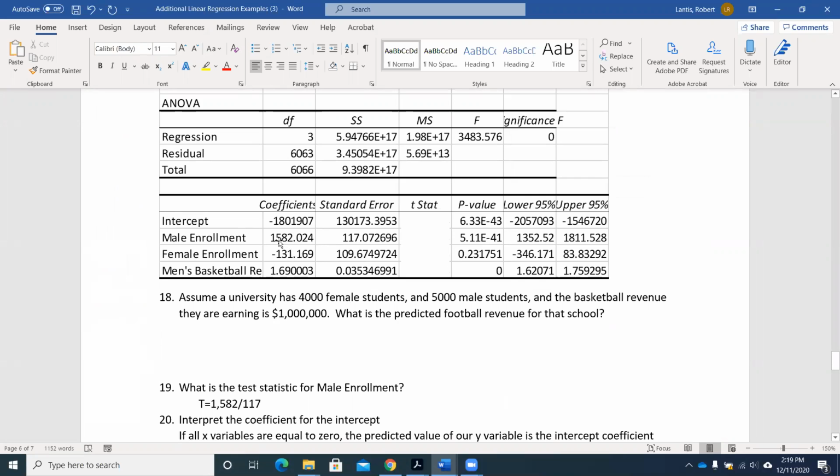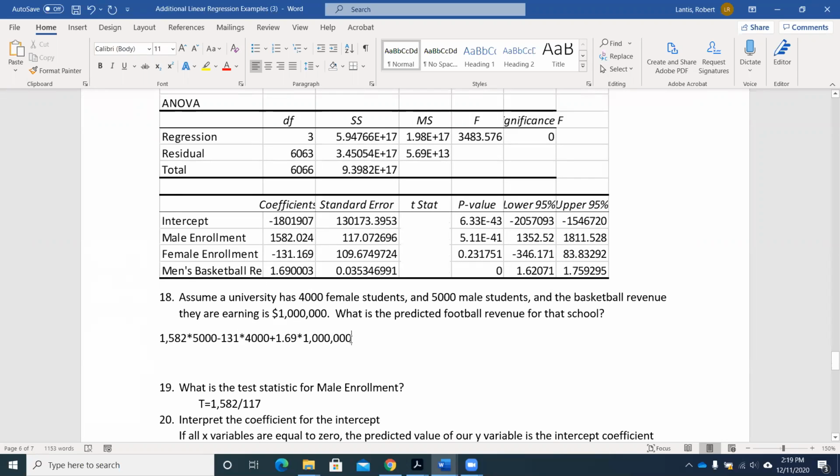So I'd go through, take the male enrollment coefficient, so 1,582 times, well, how many male students does this school have? Times 5,000, plus the coefficient on female enrollment. Well, it's negative, so instead of plus, it's going to be a minus 131 times what was female enrollment at this school, 4,000. Plus the coefficient on men's basketball revenue, 1.69, times the hypothetical university's basketball revenue, 1 million, so 1, 2, 3.